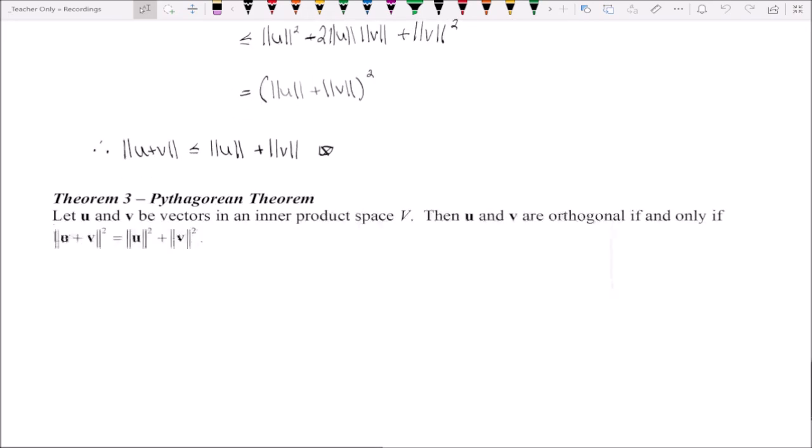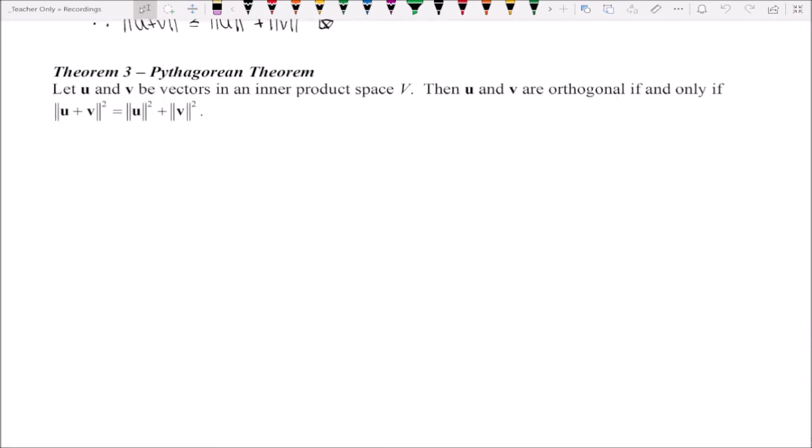The third result is called the Pythagorean Theorem. And again, numbering is off. This should be theorem number 4. Pythagorean Theorem: let u and v be vectors in an inner product space. Then u and v are orthogonal if and only if the norm of u plus v squared is equal to the norm of u squared plus the norm of v squared.